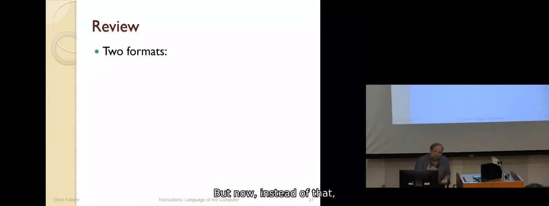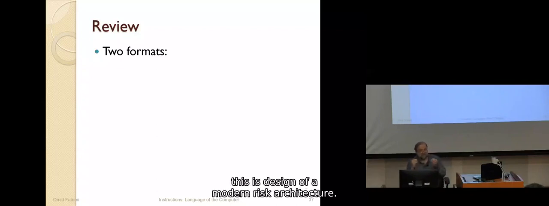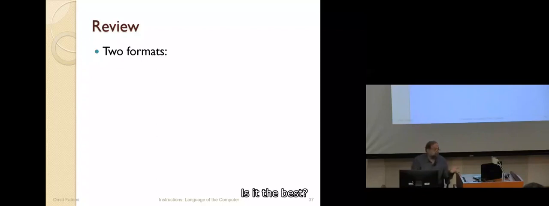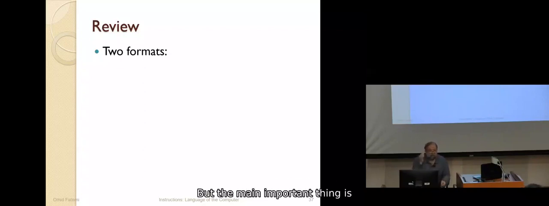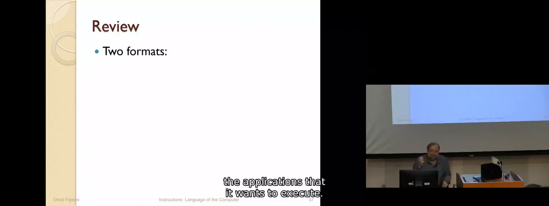But now, instead of that, I just present for you and I will tell you, this is the design of a modern RISC architecture. Is it the best? No. Could you do something better than that? Yeah, you might be able to do that. But the main important thing is that it depends on the applications that it wants to execute.